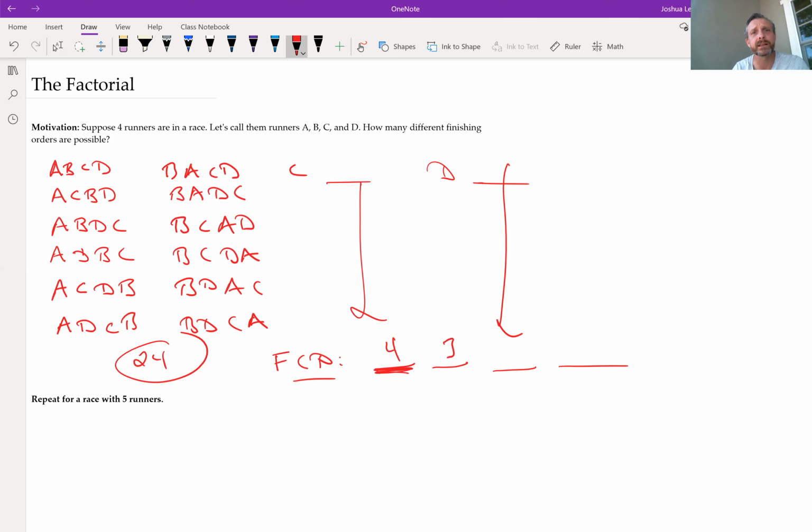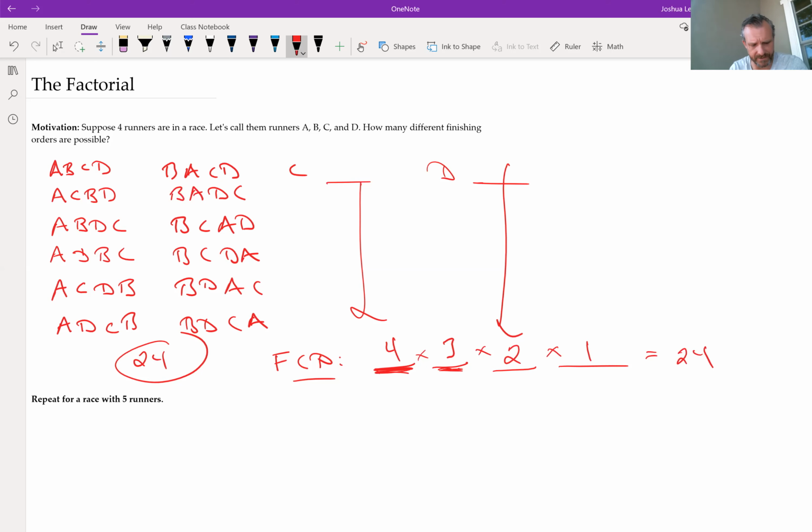Well, there are 3. And that means once first and second are filled, there's now 2 runners left competing for third. And after 3 runners have finished, there's only 1 runner left competing for that last spot. And so 4 times 3 times 2 times 1, which is indeed 24, okay?